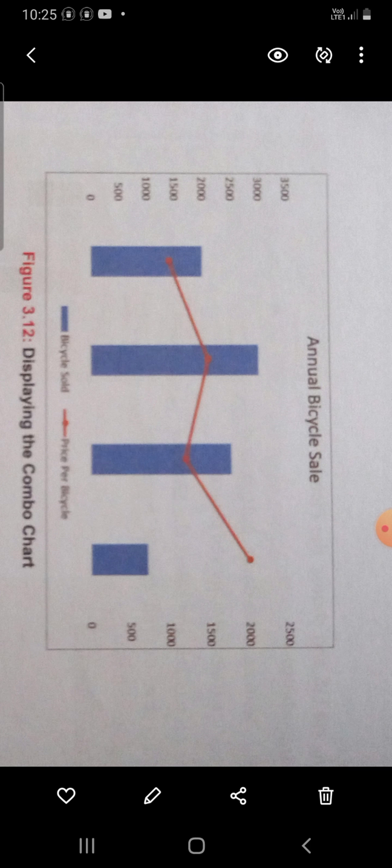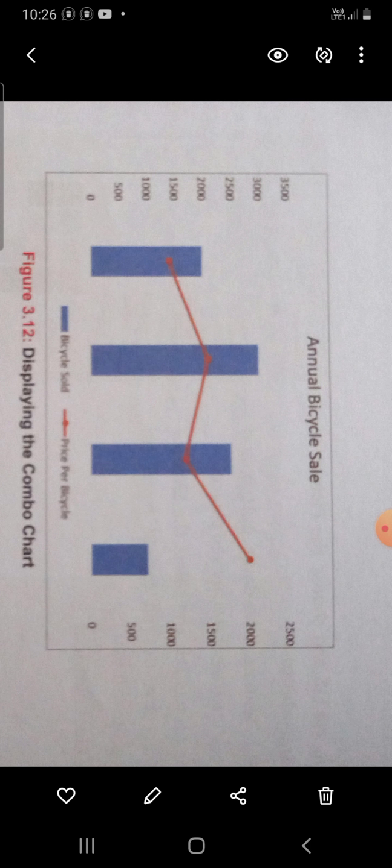And again, the price of one gear bicycle is 1500. We can see the point at the column of gear bicycle at the level 1500. This is the price per bicycle.